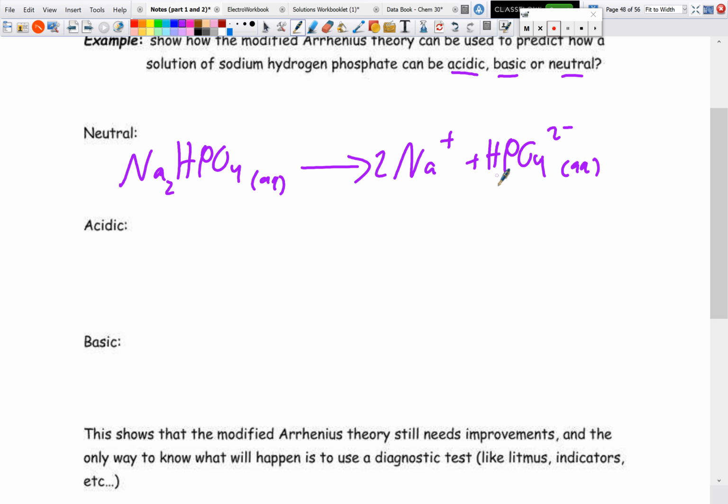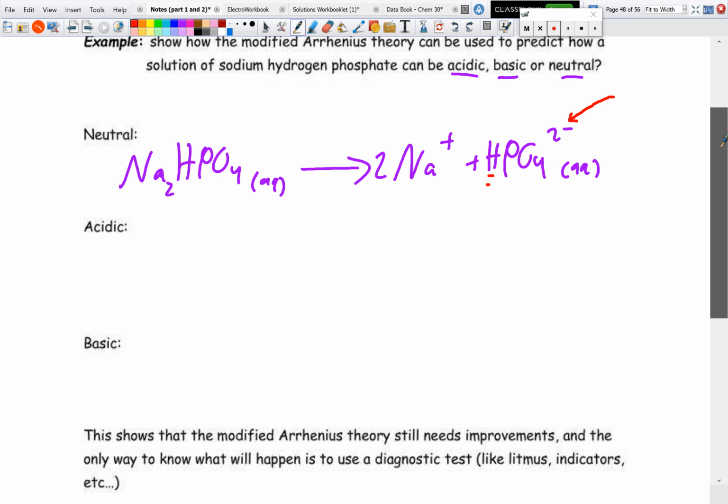So if you place this in water and all it does is just dissociate, well, now it is a neutral substance. But we will notice it does have a hydrogen ion and it is negatively charged. So based on these two characteristics, we don't know if it's going to lose this hydrogen or it's going to attract a hydrogen. And that's it. We just don't know. So this is why there's a huge limitation with this modified Arrhenius theory.